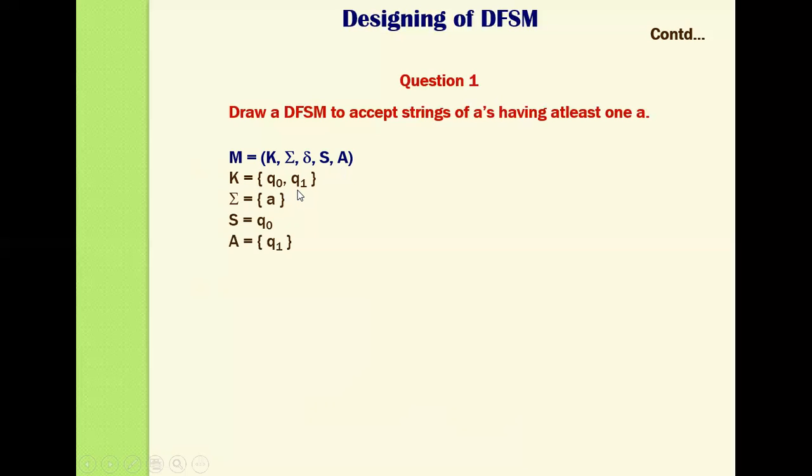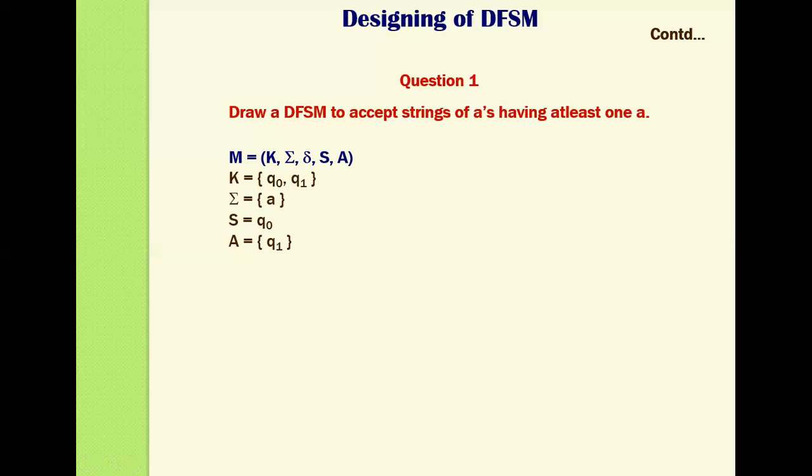According to the design, we have two states, Q naught and Q1. Then sigma is the input alphabet. According to the question, we have just one A here. A is the input alphabet. Now what is S? Start state. Which is the start state? Q naught. Then A is the accept state or the final state.